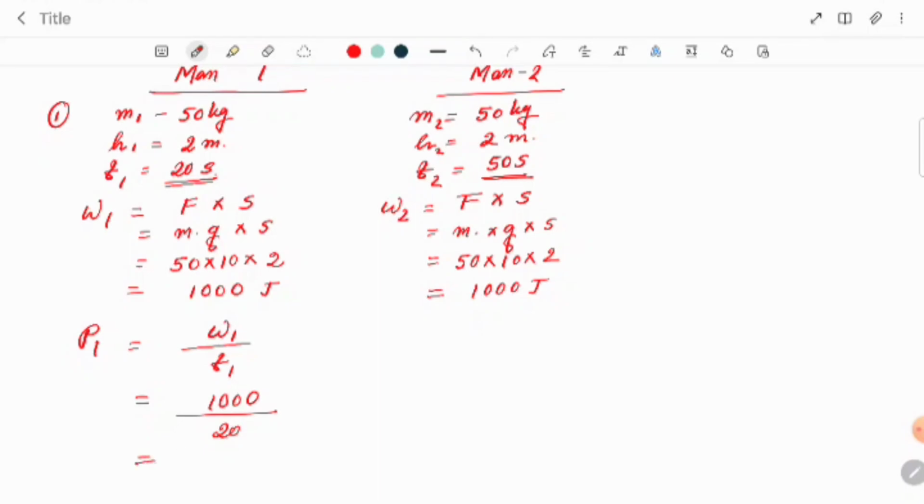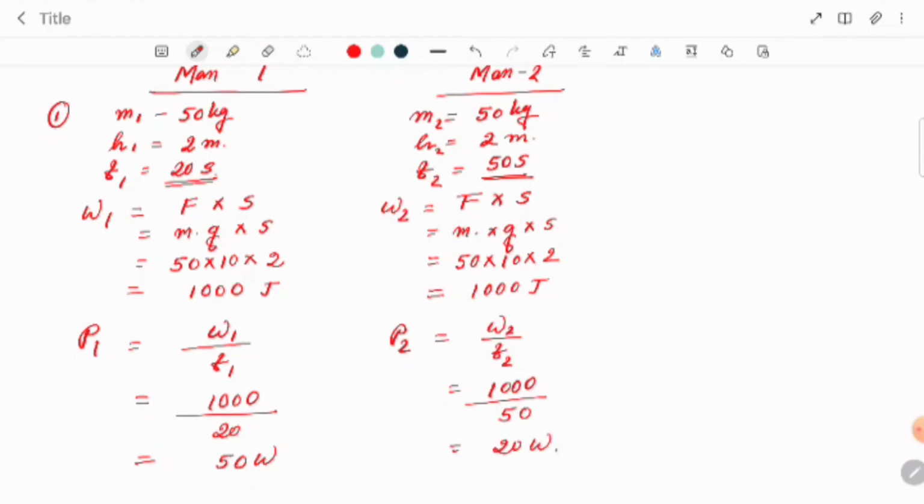So we'll get 50 watt. The same way, to calculate p2, we can say w2 by t2. W2 we have calculated, that is 1000 divided by t2 which is 50. So we'll get 20 watt.